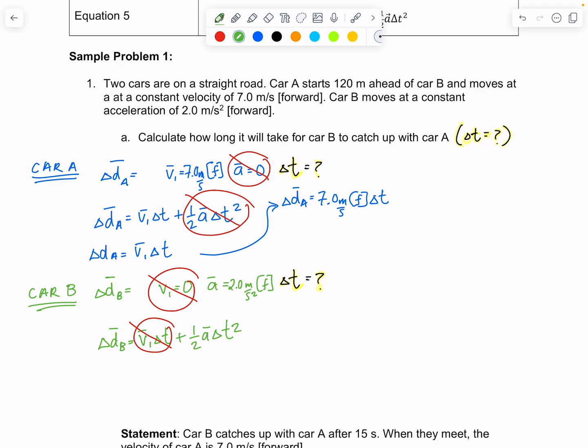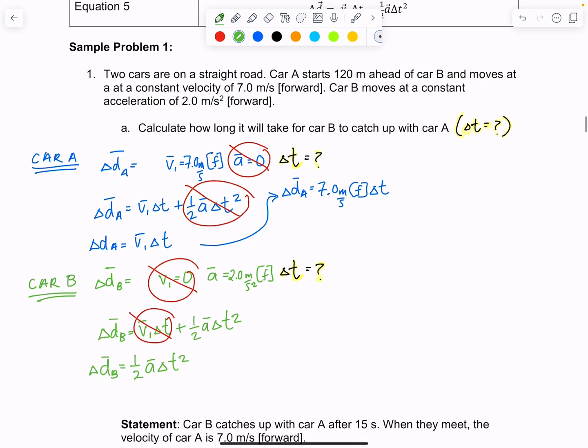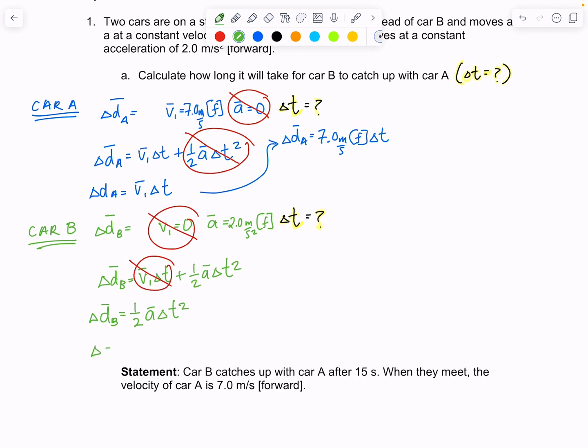We are left with delta dB is equal to 1/2 A delta T squared. If we sub in everything that we know, the acceleration is 2.0 meters per second squared times delta T squared. We can simplify this a little bit.